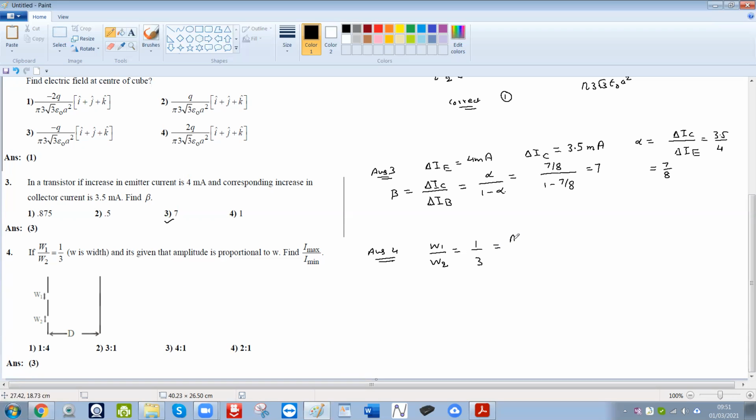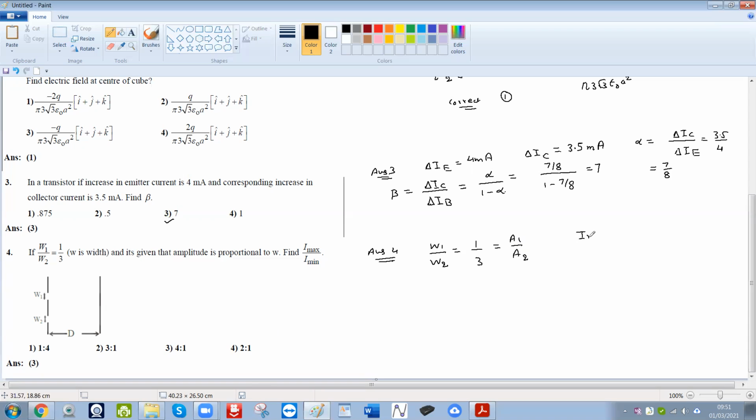So this becomes A1 by A2. We have to determine ratio of maxima and minima of intensity in interference pattern obtained on the screen.